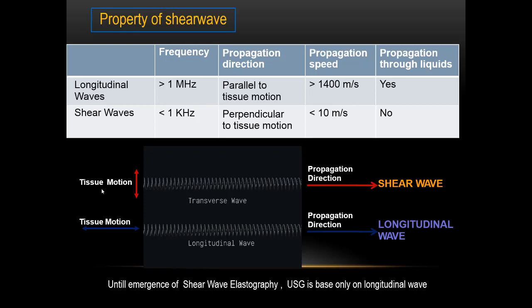This is the characteristic of the shear wave. When shear wave passes through the medium, it has lateral propagation as well, and then the sound beam goes this way. For the longitudinal wave, like the traditional B mode, since it is very high frequency, it propagates without a lateral wave.